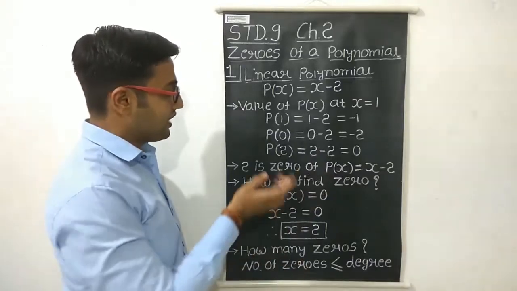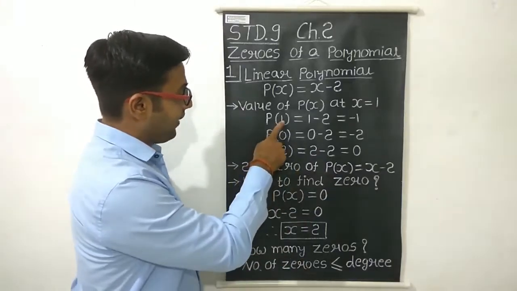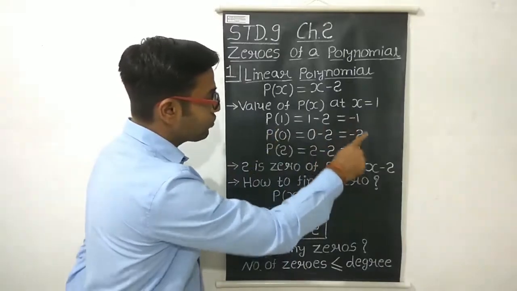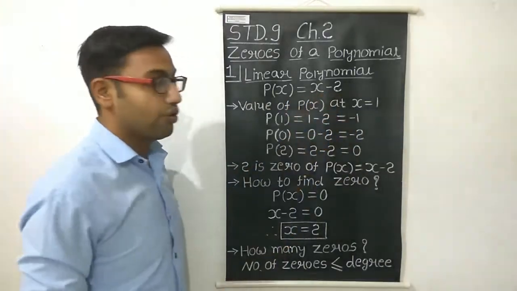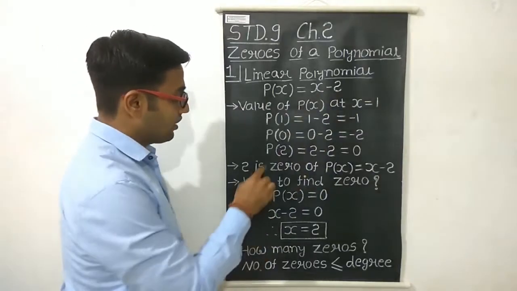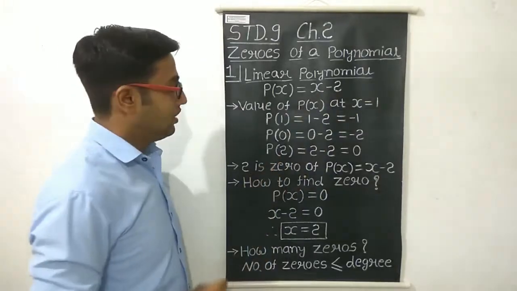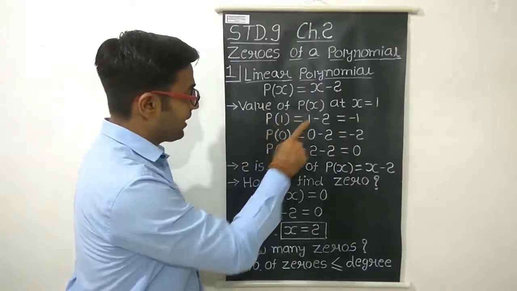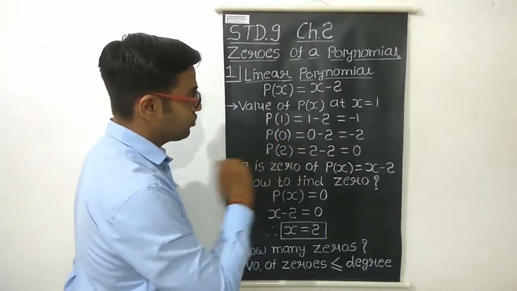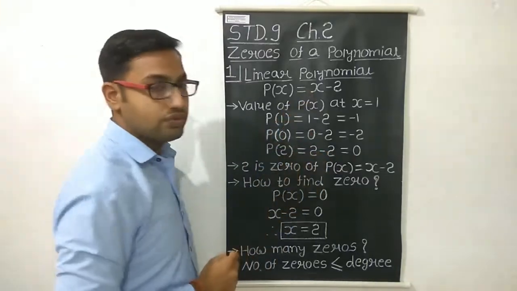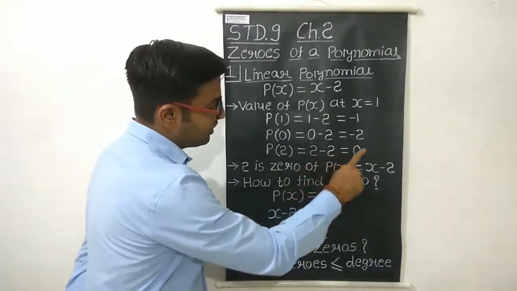So you can see that as we change the value of x, we get different values of this x minus 2 of the given polynomial. Now let us take x as 2. So we find the value of p of x at x is equal to 2. So what will happen? p of 2 is equal to 2 minus 2. So 2 minus 2 is 0.